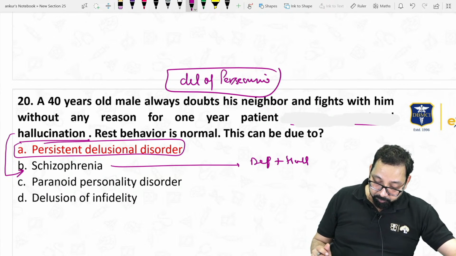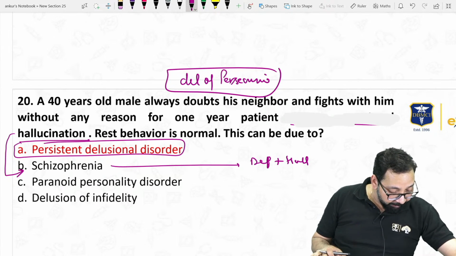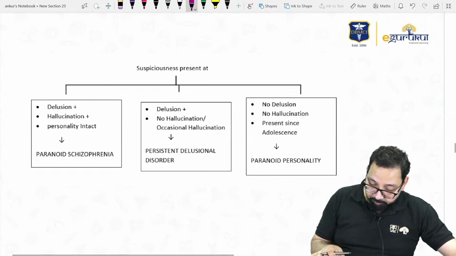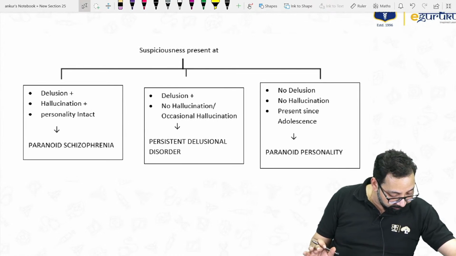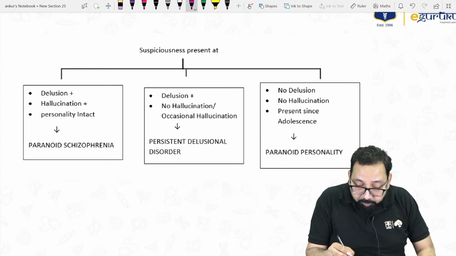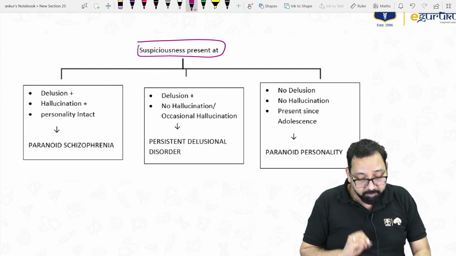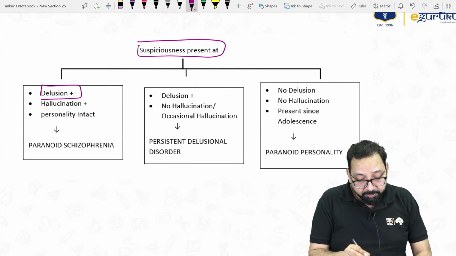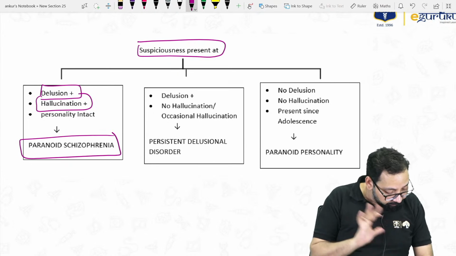Let me tell you, look at this. I will give you handouts on my Telegram channel, don't worry. If suspiciousness is there, delusion is present, hallucination is present, then paranoid schizophrenia, correct?